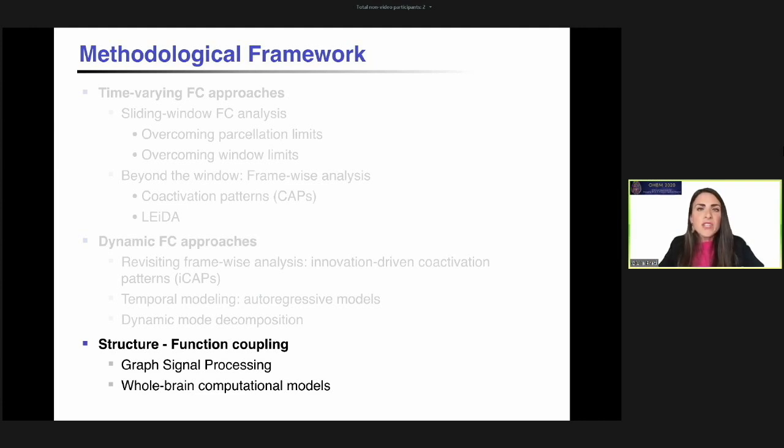Actually, the question here is how different functional connectivity patterns that change over time can emerge from the same static structural connectome. I will touch on two different frameworks that address this question. One is graph signal processing, and the other is whole brain computational models.